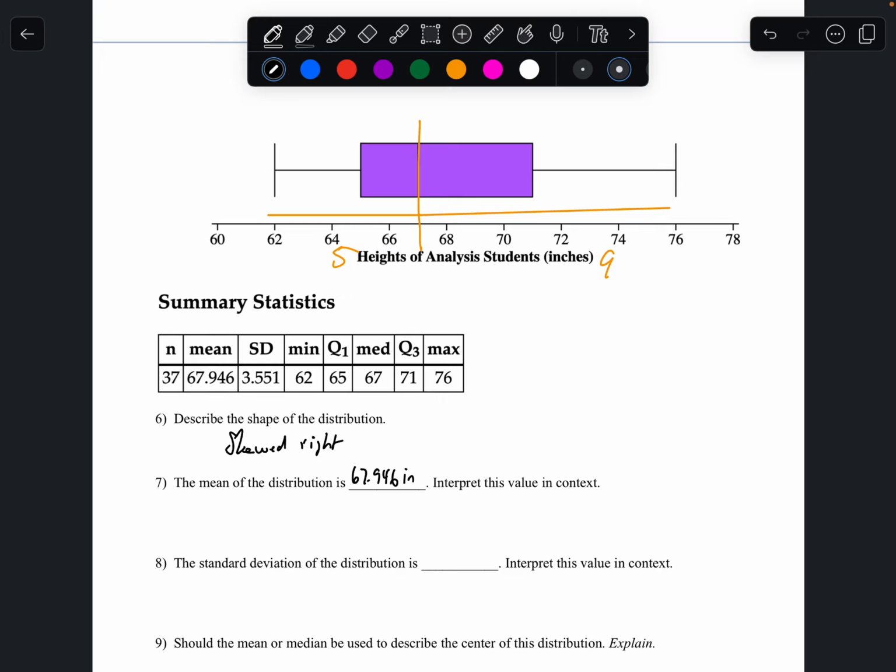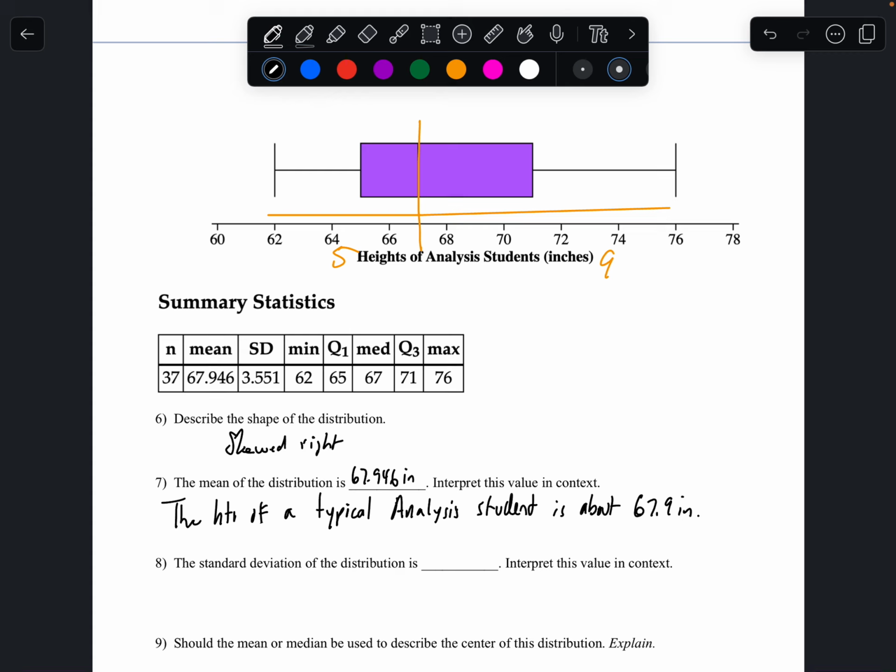So the mean is the typical value in the distribution, so just using the context here, the height of an analysis student is typically... I'm just going to go ahead and round this to the nearest tenth because you don't usually be more accurate than that on height or distance, inches. So 67.9 inches.